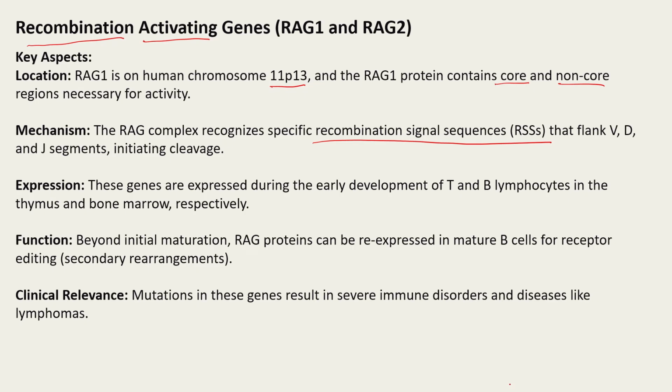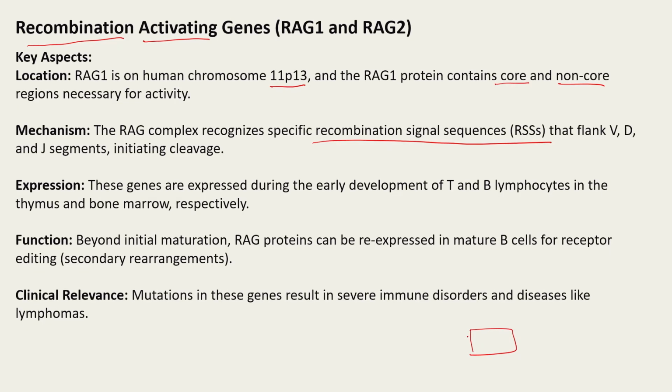Again, emphasizing the same point, we have gone through V, D and J segments in the light and heavy chain recombination event. These recombination signal sequences flank these regions. Suppose this is V; these sequences are flanking either this side or this side. This is the area where the RAG protein can bind.